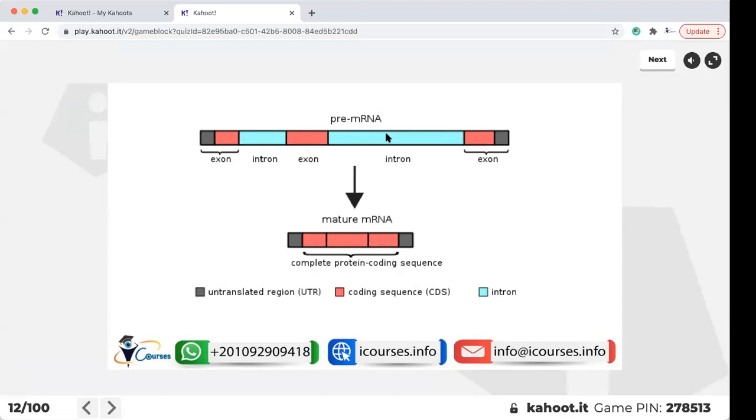These introns will be removed during the process called mRNA splicing. So when the immature mRNA is transformed to mature mRNA, the introns are lost and only the exons are present. These exons contain the nucleotide sequences that will code for protein, eventually for protein synthesis.